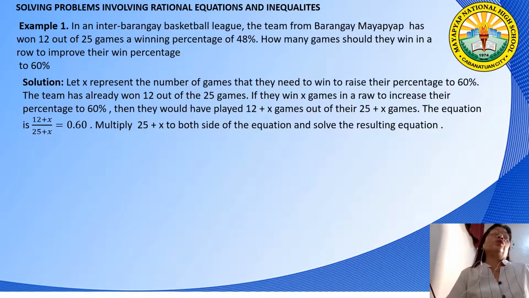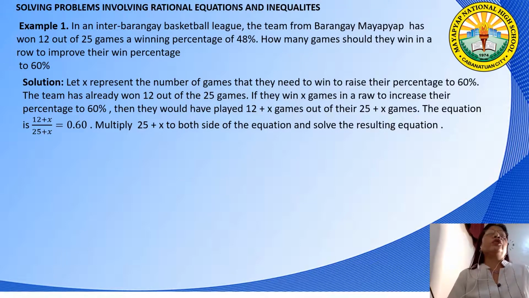Solution. Let x represent the number of games that they need to win to raise their percentage to 60%. The team has already won 12 out of the 25 games. If they win x games in a row to increase their percentage to 60%, then they would have won 12 plus x games out of their 25 plus x games.